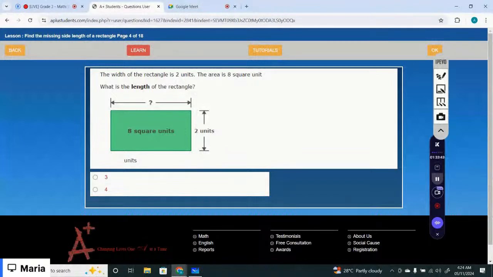That is 2 times 4 is 8. The correct option is 4. Option number 2 is the correct option.